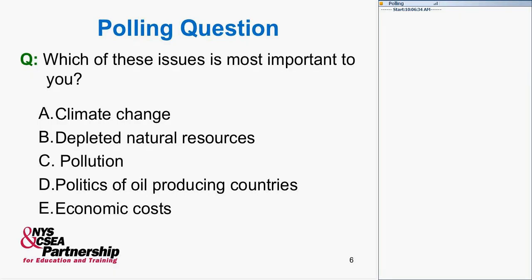For those just joining us on the phone, welcome. We're working on a polling question right now. It's open on the right-hand side. Which of the following issues is most important to you? I see answers coming in, which is excellent. I'm going to give it a few more seconds here.